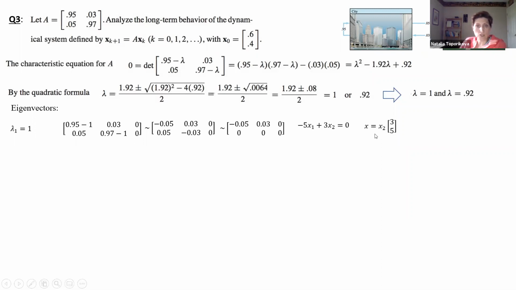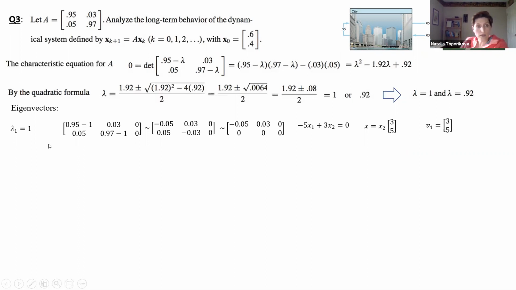Let's assume that x2 is our free variable, so we can write the solution in terms of x2, and we can choose any non-zero value of x2. Because I like things simple, I choose x2 equal to 1, and one of the eigenvectors, which I call v1, corresponds to x2 equal to 1, and it's (3, 5), which is as good as any other eigenvector.